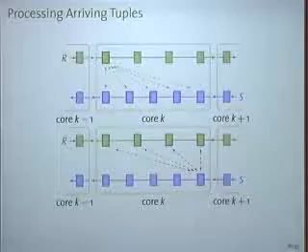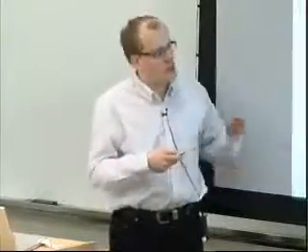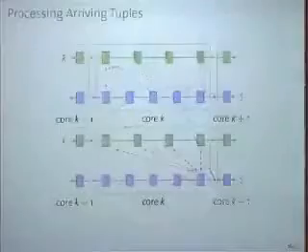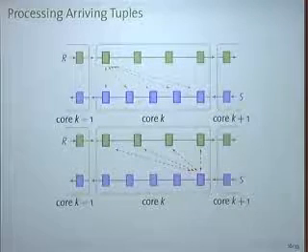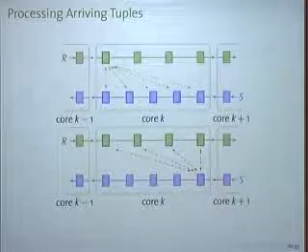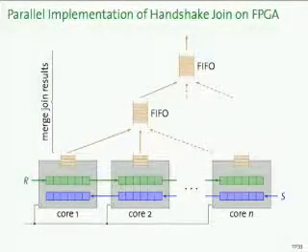You could do that sequentially, or if you want to throw more silicon at it, you can instantiate multiple of these predicate evaluation circuits, and you can increase throughput here. If a tuple comes in on the S stream, you would do the same. Here in this case, you only have 4 comparisons. The window size does not necessarily have to be the same size; the partition size on each stream doesn't need to be the same.